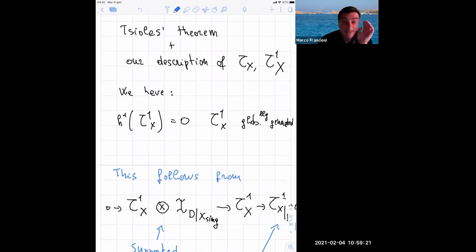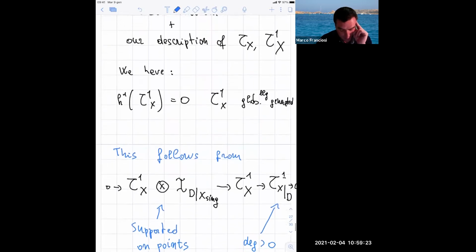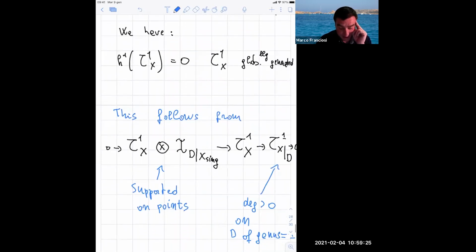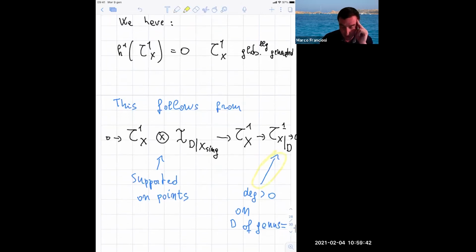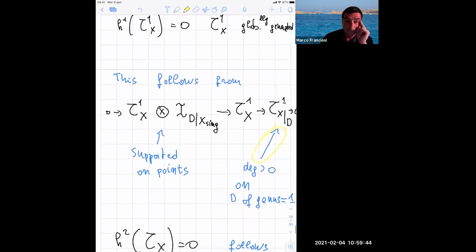But this is quite easier to see, because from this exact sequence, we have that T1 of X restricted to D is a positive degree invertible sheaf on an elliptic curve, while the kernel is supported on points.